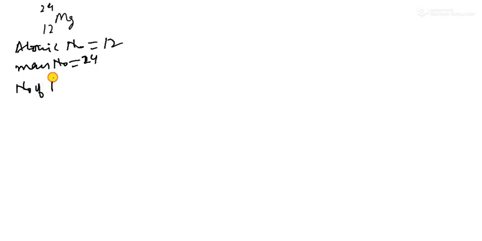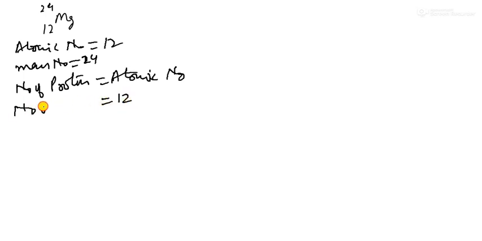Now come to the magnesium. What happens in magnesium? Magnesium atomic number is 12, and the mass number, it is 24. So number of protons is equal to atomic number. Number of protons, it is 12, atomic number is 12.